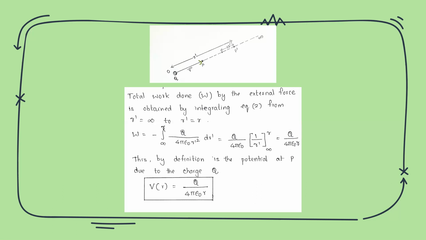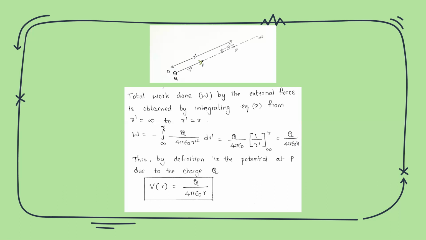Integration of x to the power of n dx is equal to x to the power of n plus 1 by n plus 1. In the same way, here R dash square is in the denominator. When it goes up, it will become R dash to the power of minus 2. Then after integration, it will become R dash to the power of minus 2 plus 1 by minus 2 plus 1.